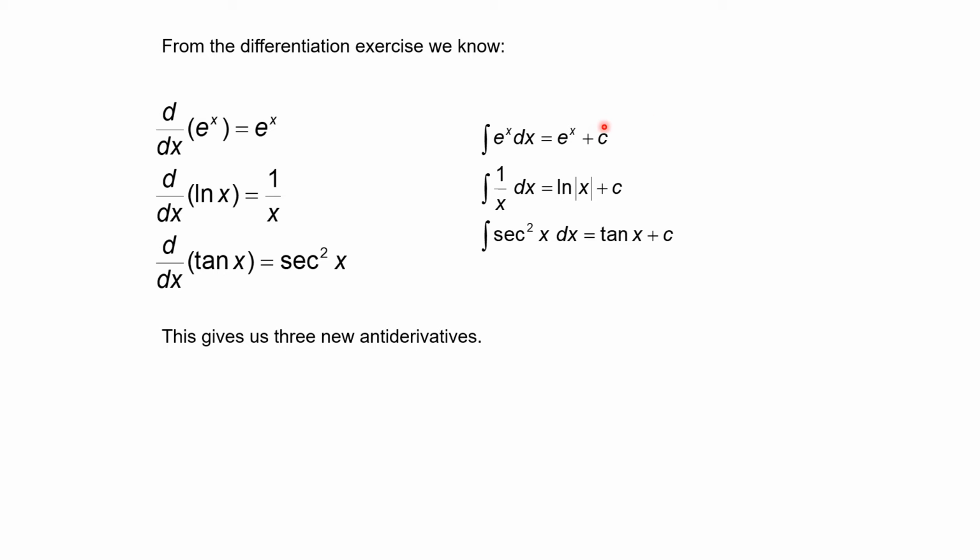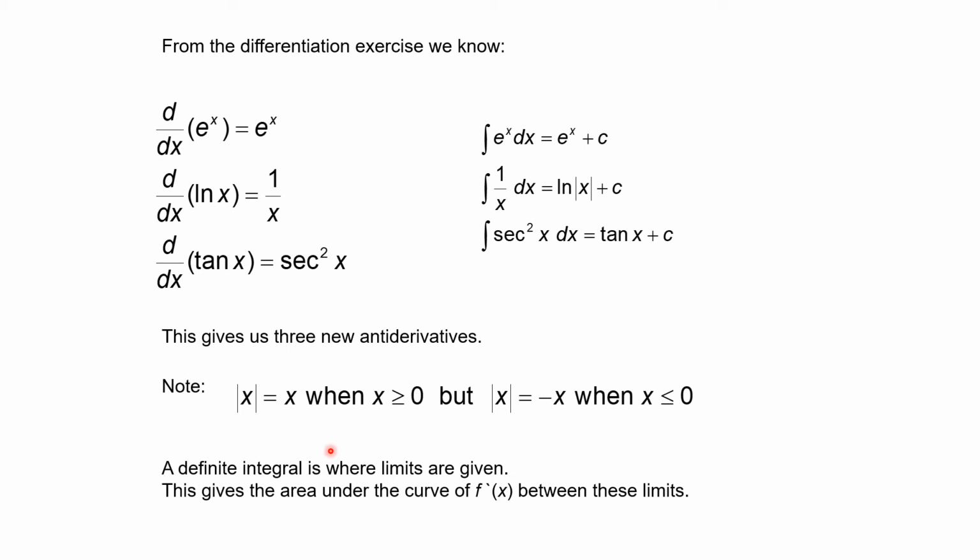And of course, the c is added because these are indefinite integrals, meaning integrals without limits. Just take note that here ln x is a modulus, so you only consider the positive values of it.